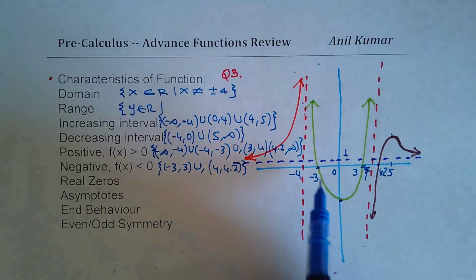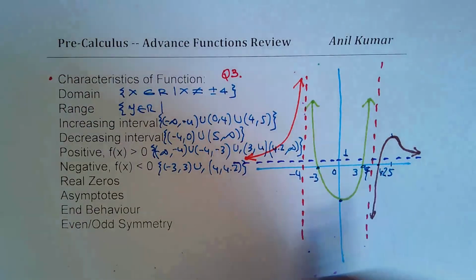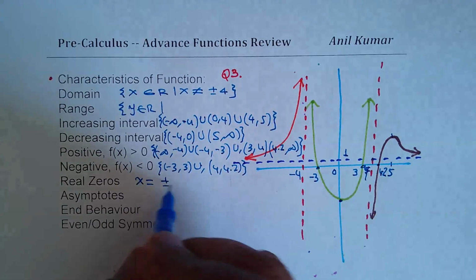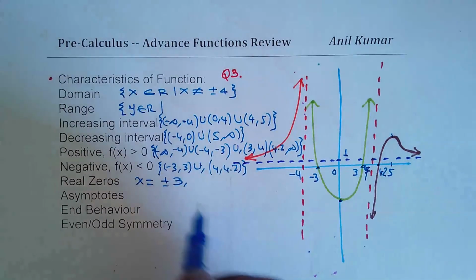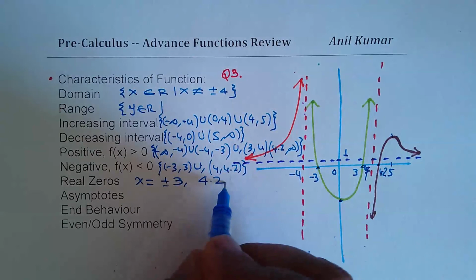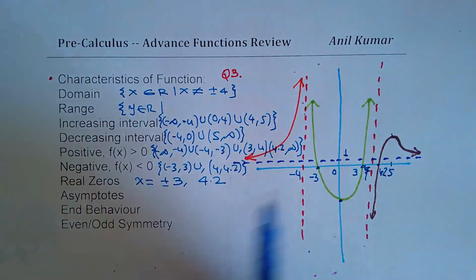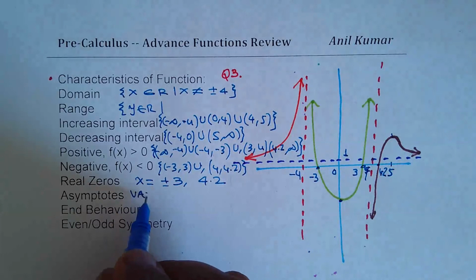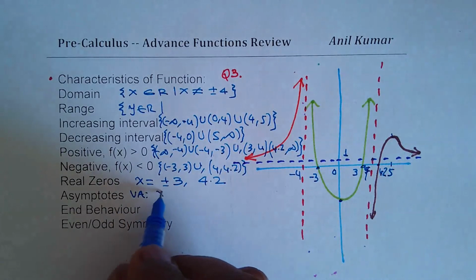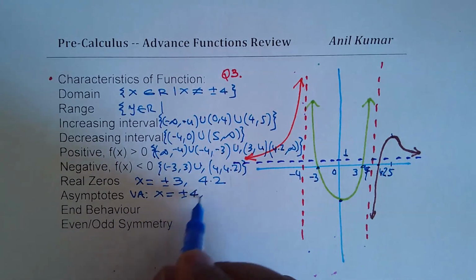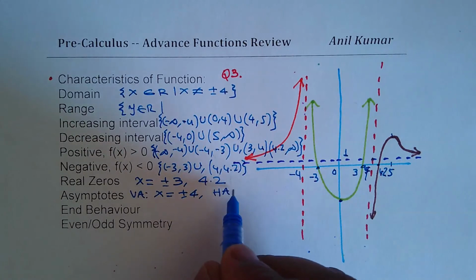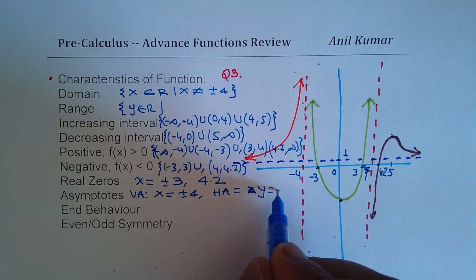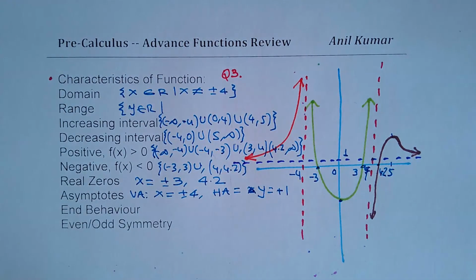Real zeros. So we have two real zeros, rather 3 here. So zeros are at x equals to ±3 and at 4.2. Asymptotes. We have 3 asymptotes here. So we have vertical asymptote at x equals to ±4 and a horizontal asymptote at y equals to +1. Do you see that? End behavior.